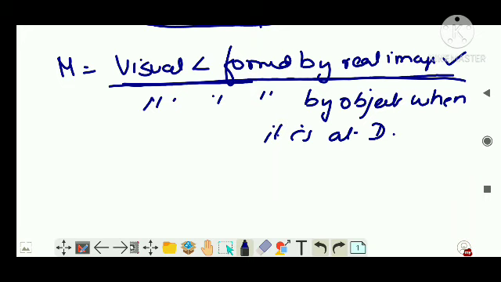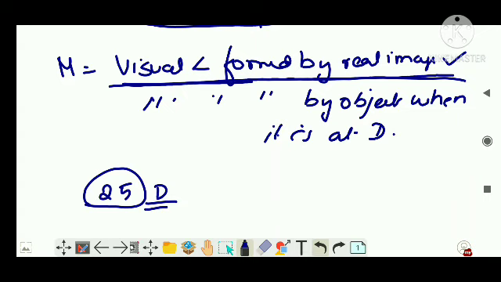Now see, guys, let us say we keep the object at 25 centimeter, which is our near point for the average human being. 25 centimeter is the near point for almost all human beings. At that distance from our eye we can clearly see the object.